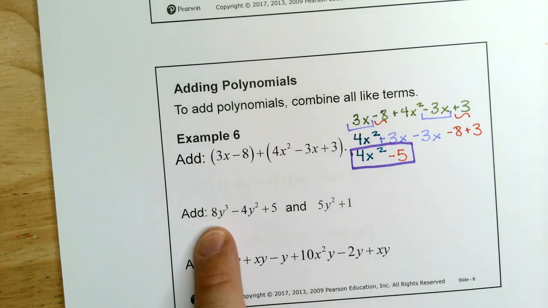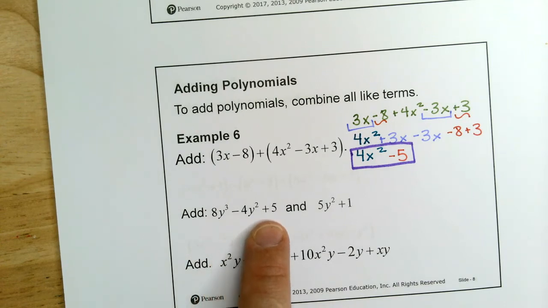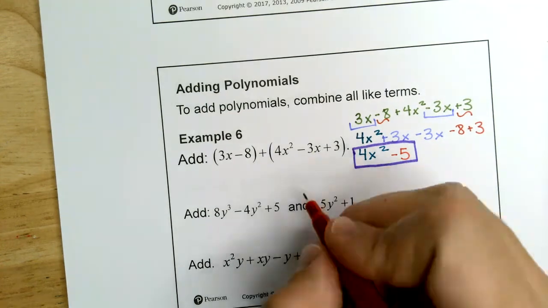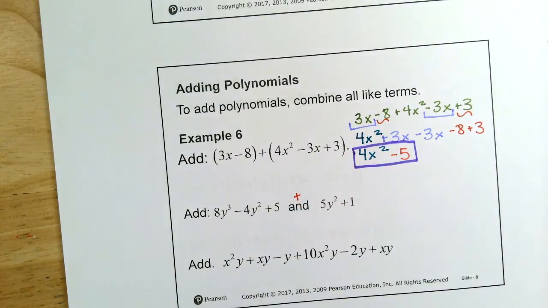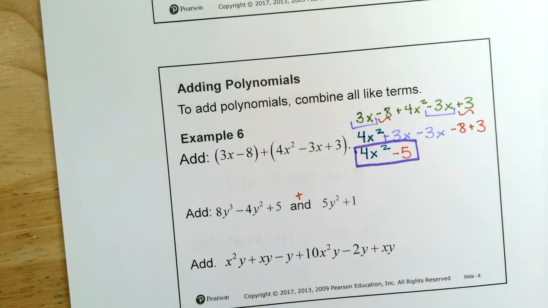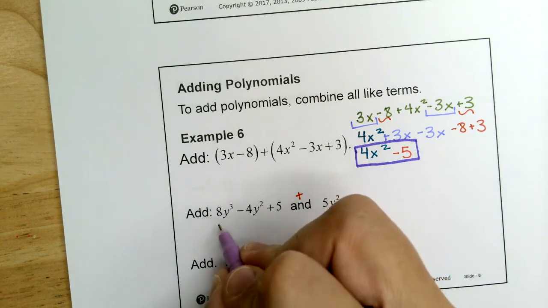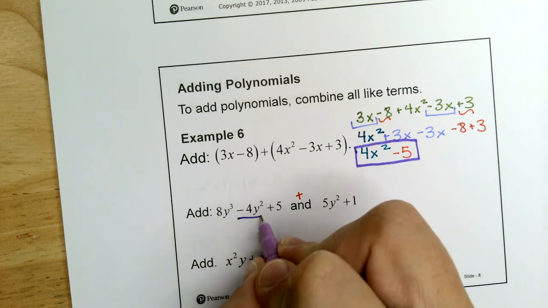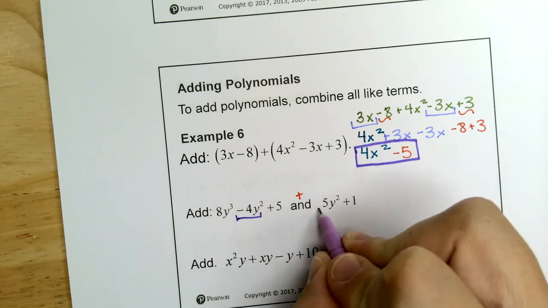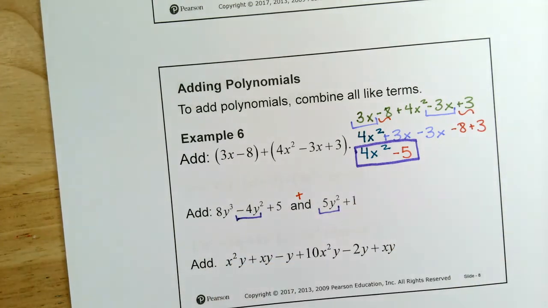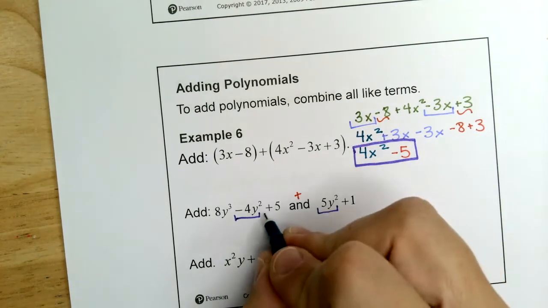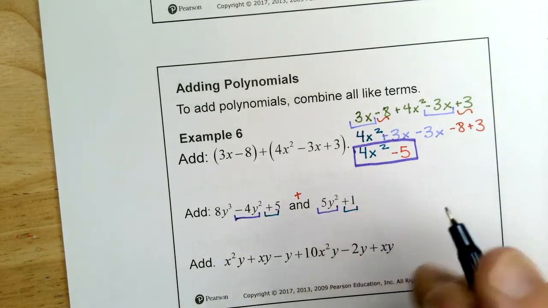All right, add 8y to the third minus 4y squared plus 5, and 5y squared plus 1. You can rewrite it if you want, right? Our like terms are negative 4y squared, positive 5y squared, plus 5 plus 1.